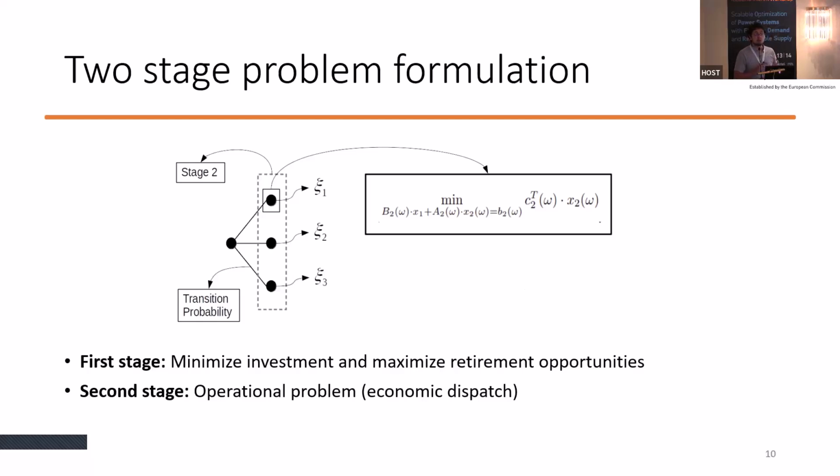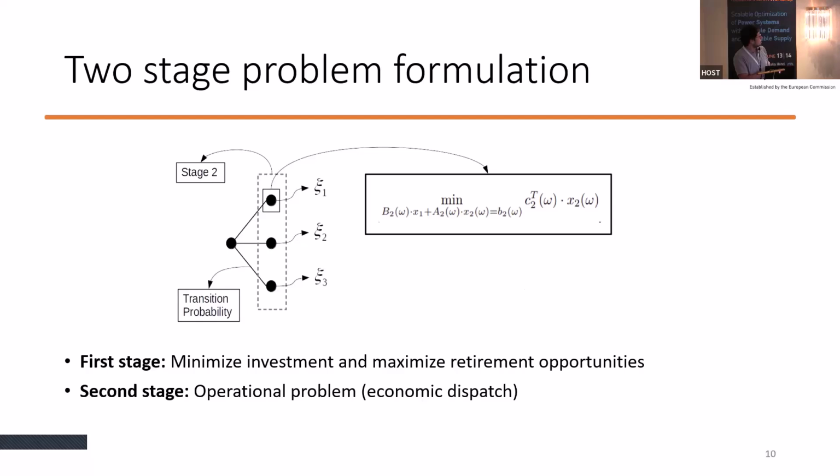So a nice way to graphically visualize this problem is through a lattice representation. Here in this figure, you see a lattice representation. This first node corresponds to the first stage of our problem, which corresponds to minimizing the investments and maximizing the retirement opportunities. At this point, we don't have any uncertainty, so that's why we just have one node.